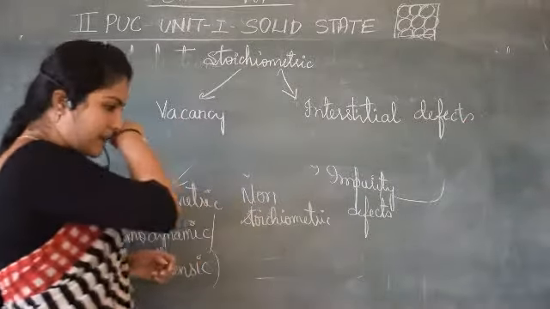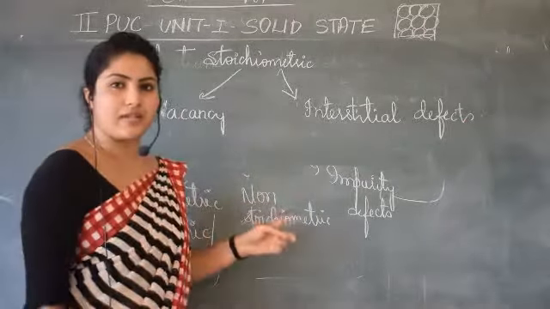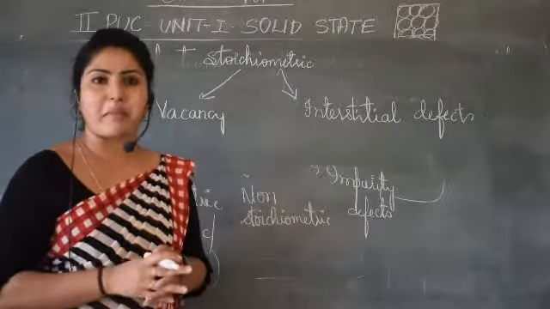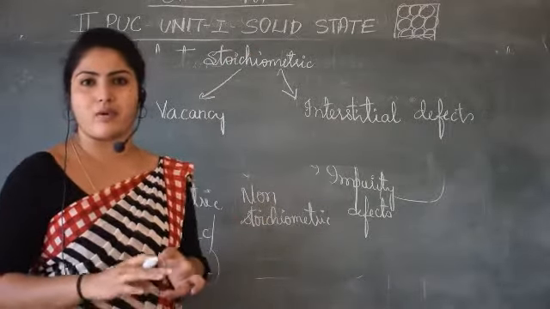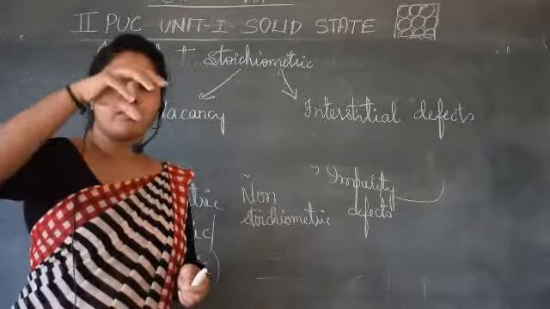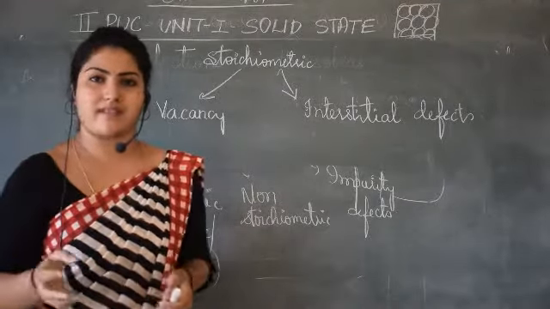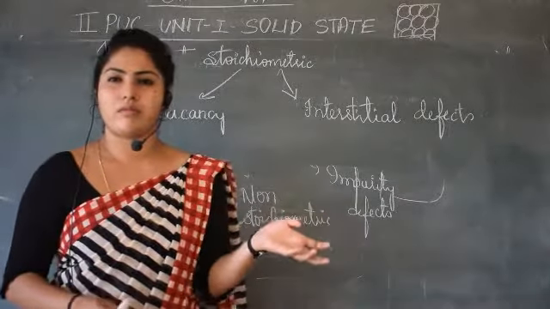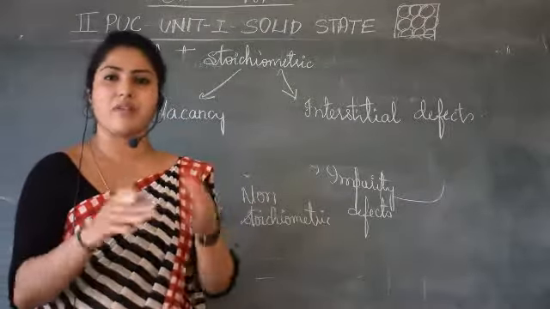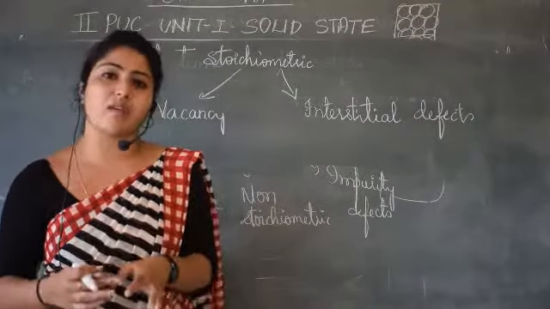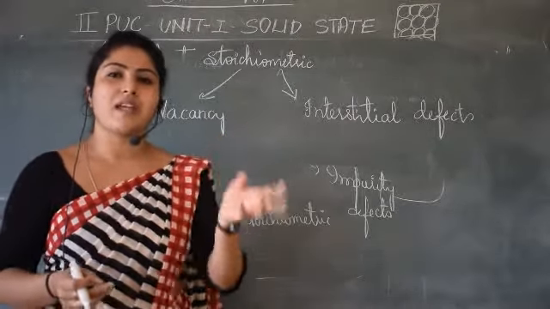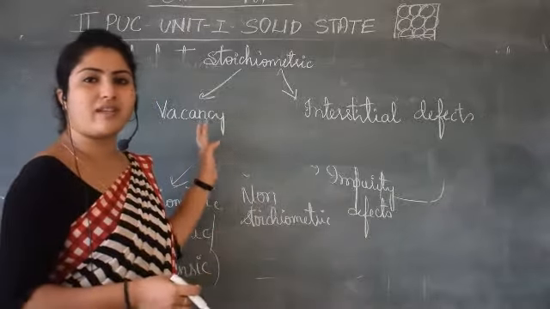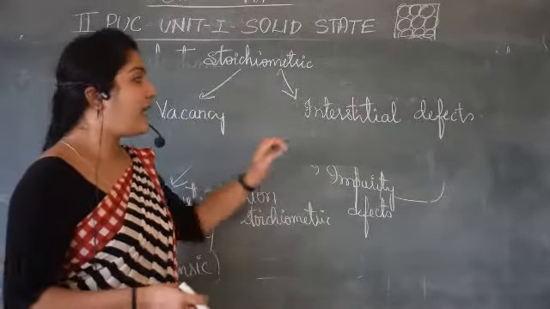The name itself is telling you. Vacancy defect means during the arrangement of particles in the solid, somewhere in between there might be vacant spaces. It might be because the atom has shifted from that place, or has been removed, or some atom is missing during the arrangement. If any atom is missing, then you see a vacancy there. Such a defect is called a vacancy defect.